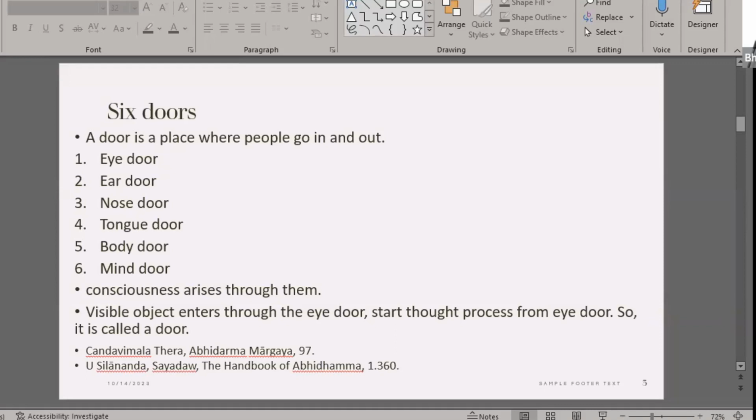And after that, what happens? When a visible object strikes eye sensitivity, it starts the thought process, like receiving consciousness, investigating consciousness, and javana consciousness in this way.